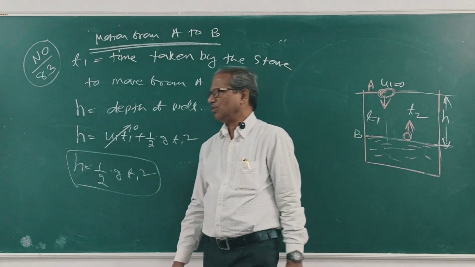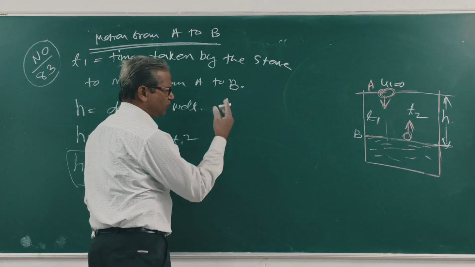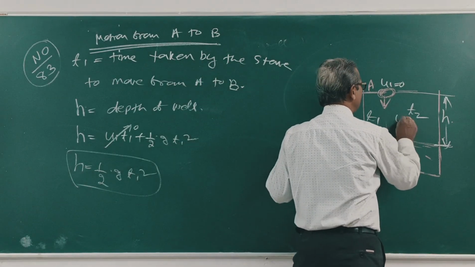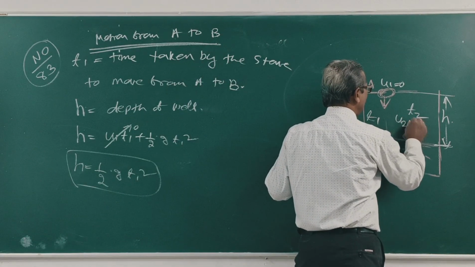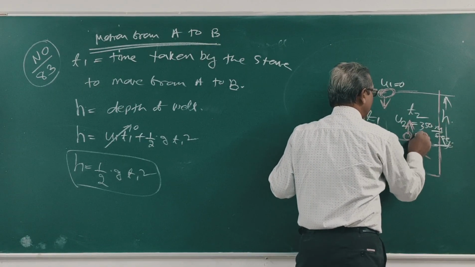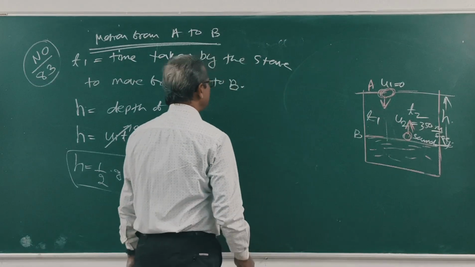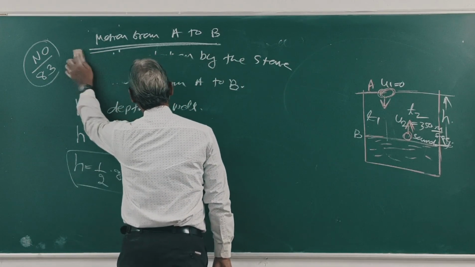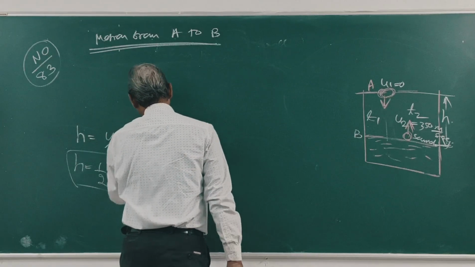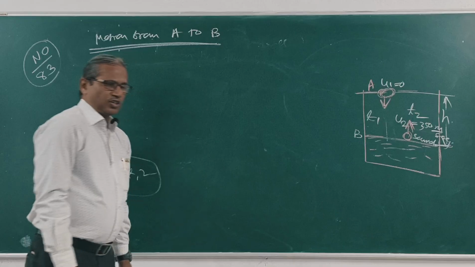Now, motion from B to C for sound. This is for sound, U2. What is U2? 350 meter per second. Now, this velocity U2 is uniform.